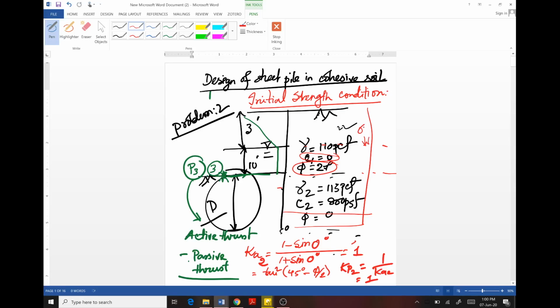This was sigma V1, this was sigma V2, and this is sigma V3. Okay.